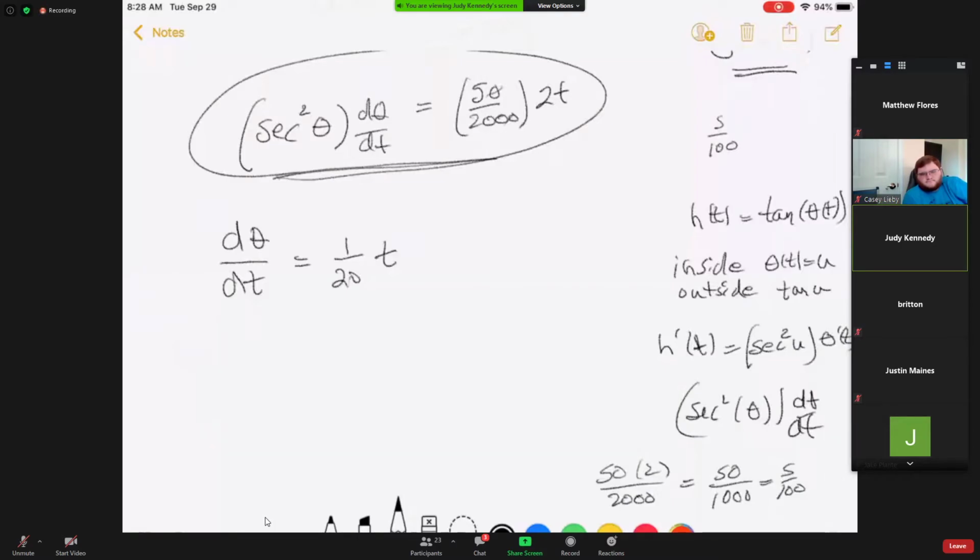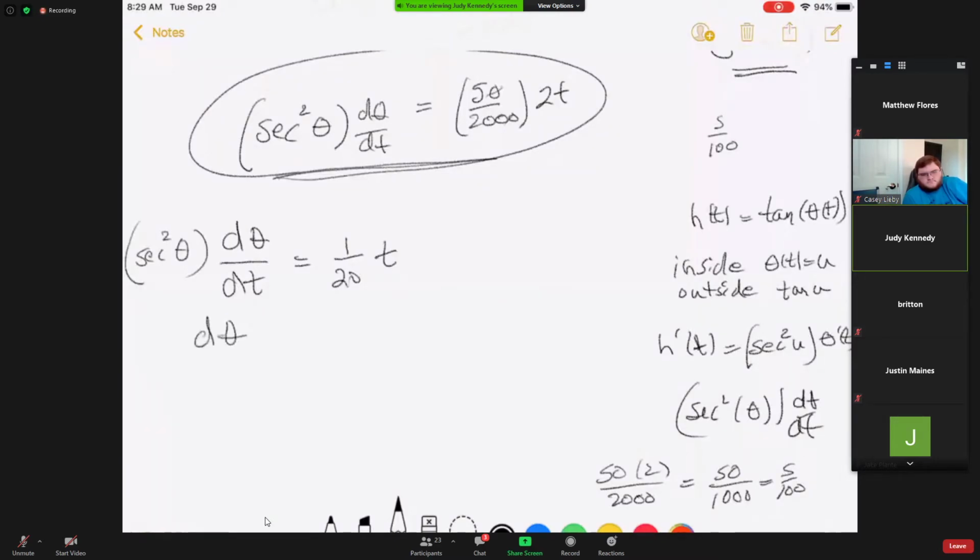So d theta dt is equal to 1/20th t. Oh, wait a minute. No, I left out the secant squared altogether. Secant squared of theta. Okay, that's better.